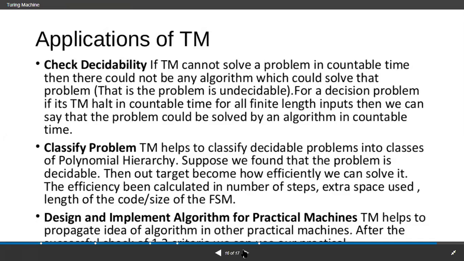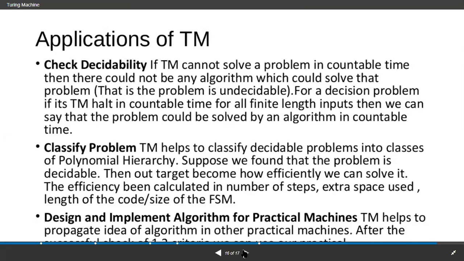That means if you get a solution, then those come under the decidable problems. In countable time, if you get a solution, then it can be called decidable. And in countable time, if you are not getting the solution for the problem, then we can consider them as undecidable. That means we are not having any algorithms to solve those, then those all come under the undecidable problems.